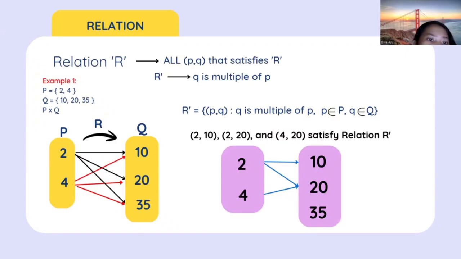Set R dash can also be represented using an arrow diagram. We draw an arrow for every ordered pair in set R dash. So we draw an arrow for (2, 10) and another arrow for (2, 20) and another arrow for (4, 20).